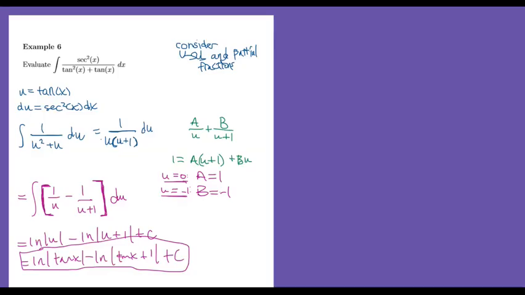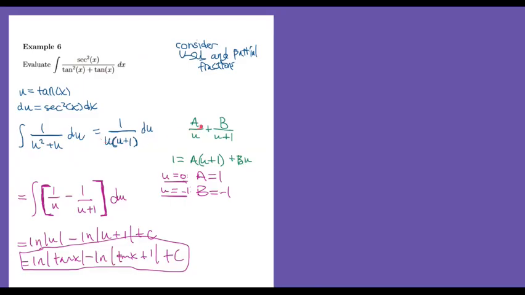So you replace it with u, you do the u sub, and if you set u to equal tangent x, then that will actually cancel out the secant x. So then we're just left with this.